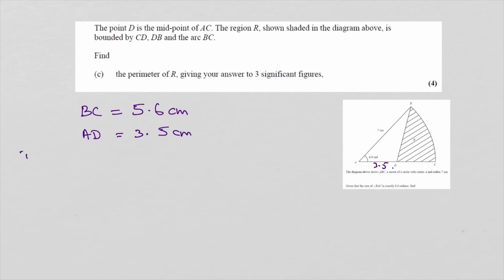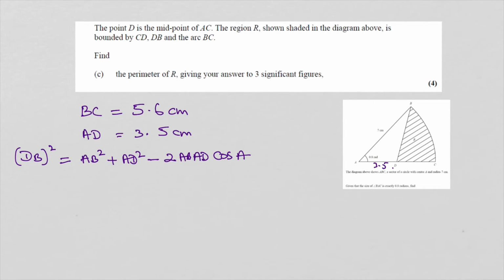So DB squared will be equal to AB squared plus AD squared minus 2 AB AD cos A. So this is what I've now used: I've used the cosine rule to find this.